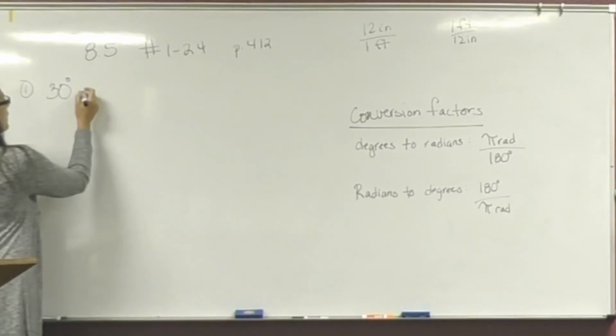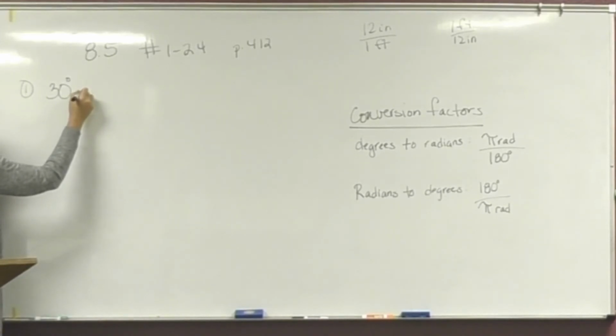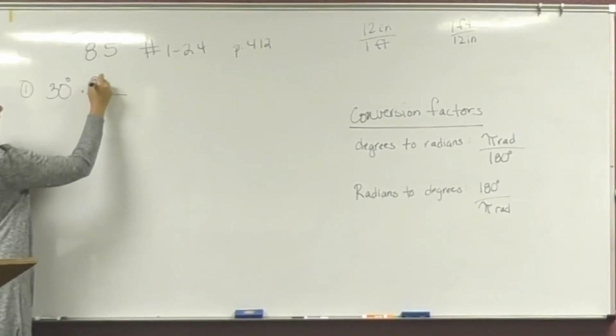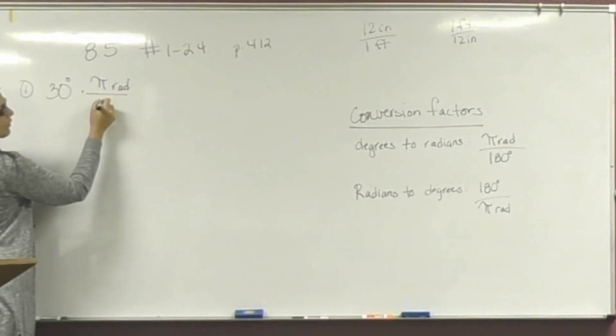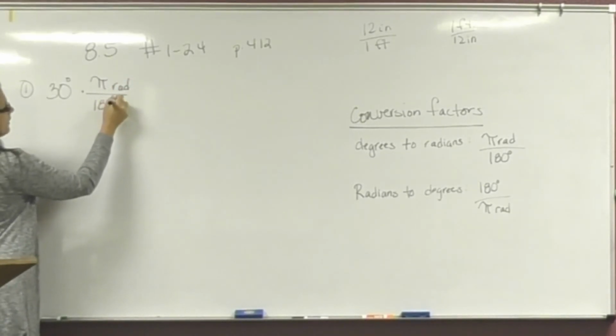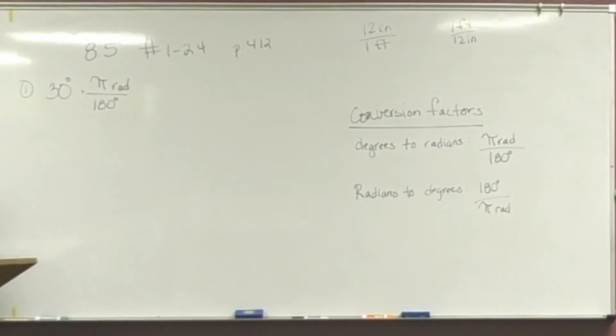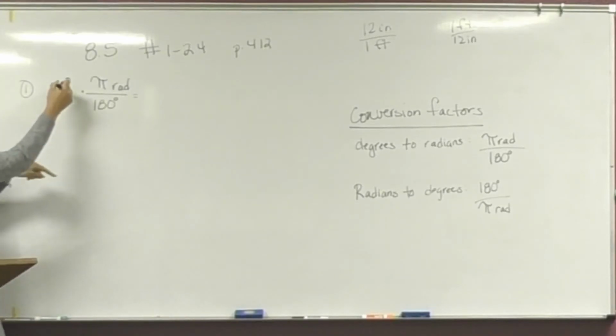So I'm going to do 30 degrees times pi radian over 180 degrees, okay? Your calculator will reduce these for you, because this is over a 1. So these will cancel. My zeros cancel.